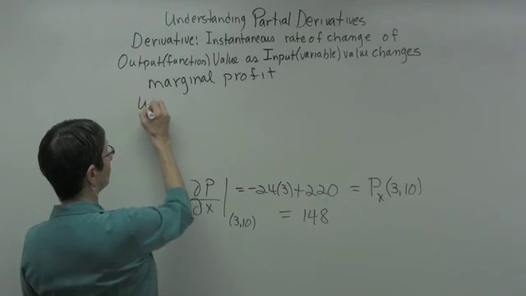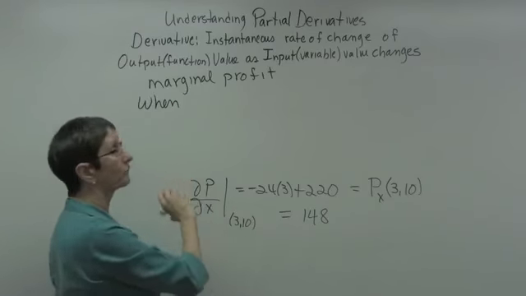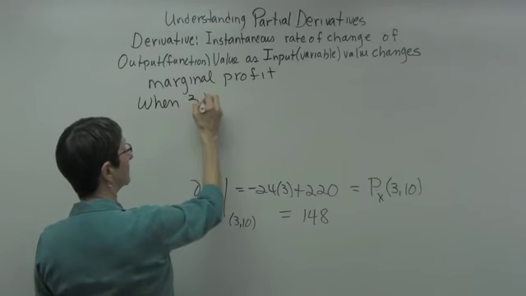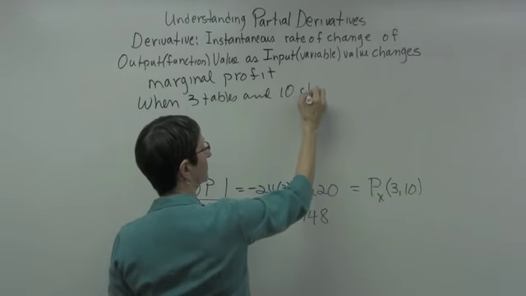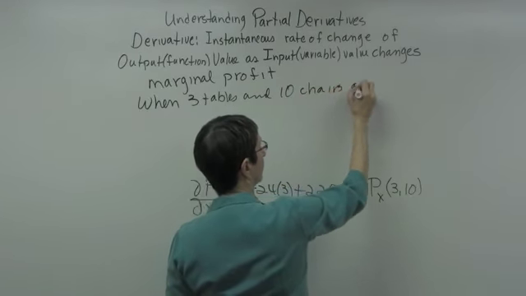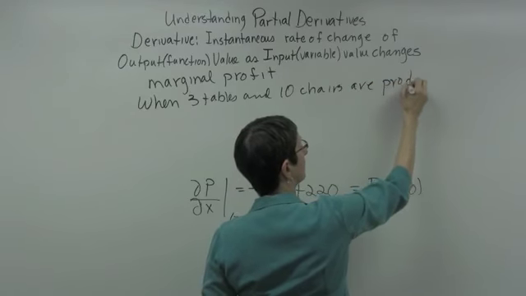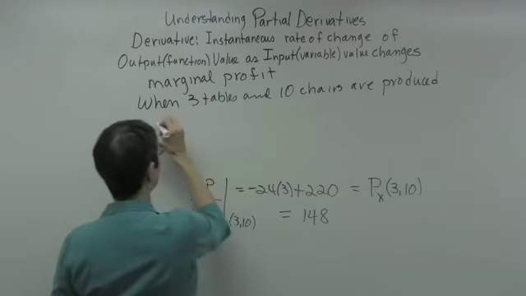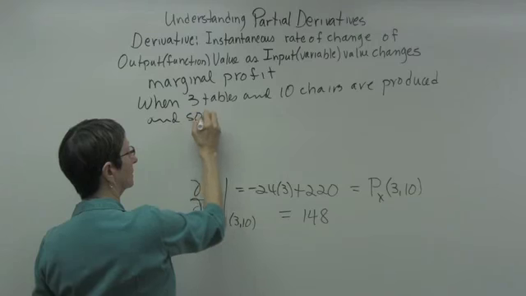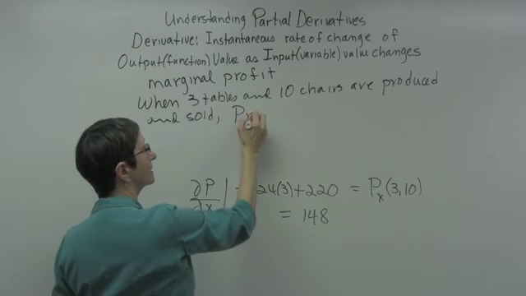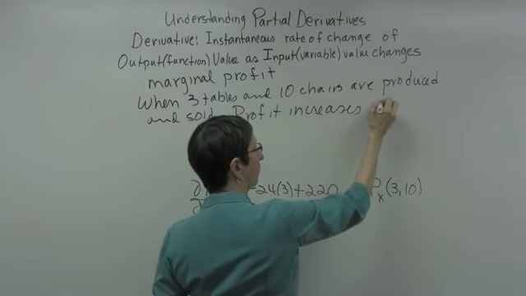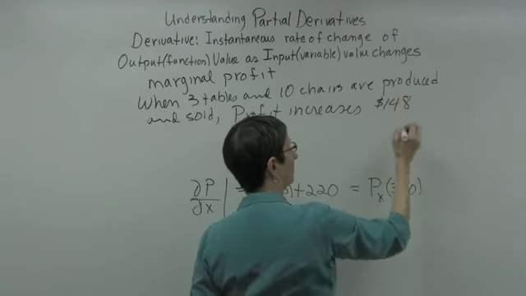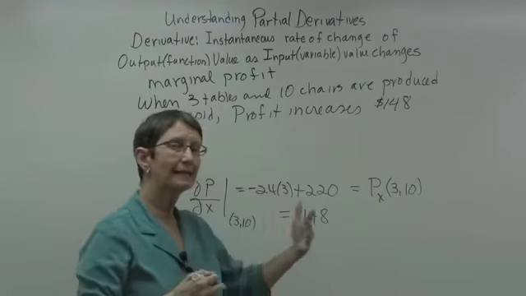And I can say this means, by 148, when 3 tables and 10 chairs are produced and sold, profit increases $148.